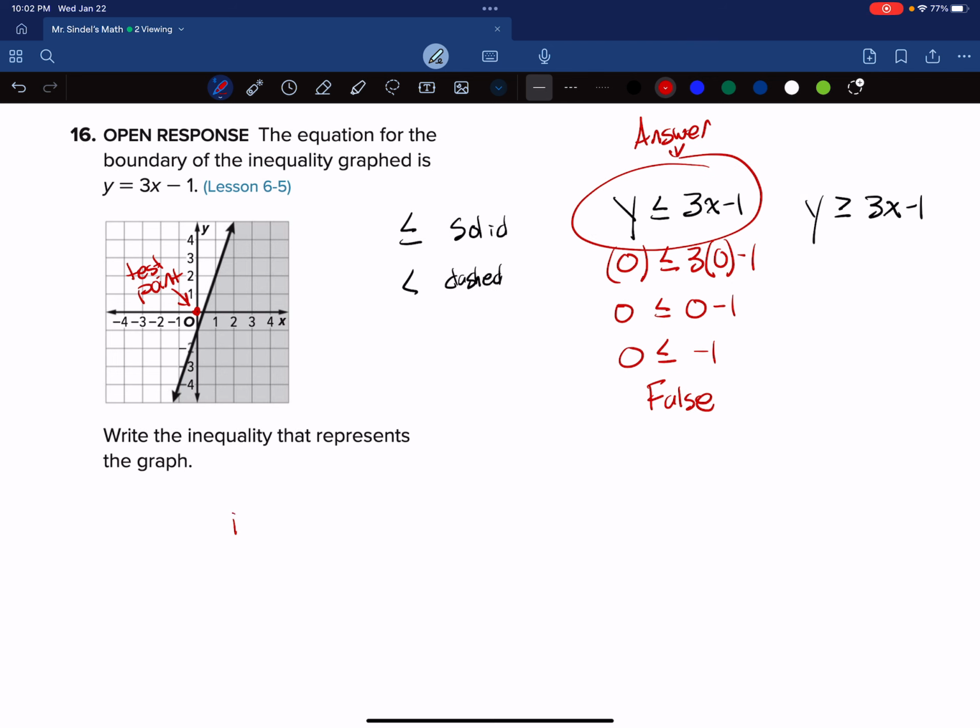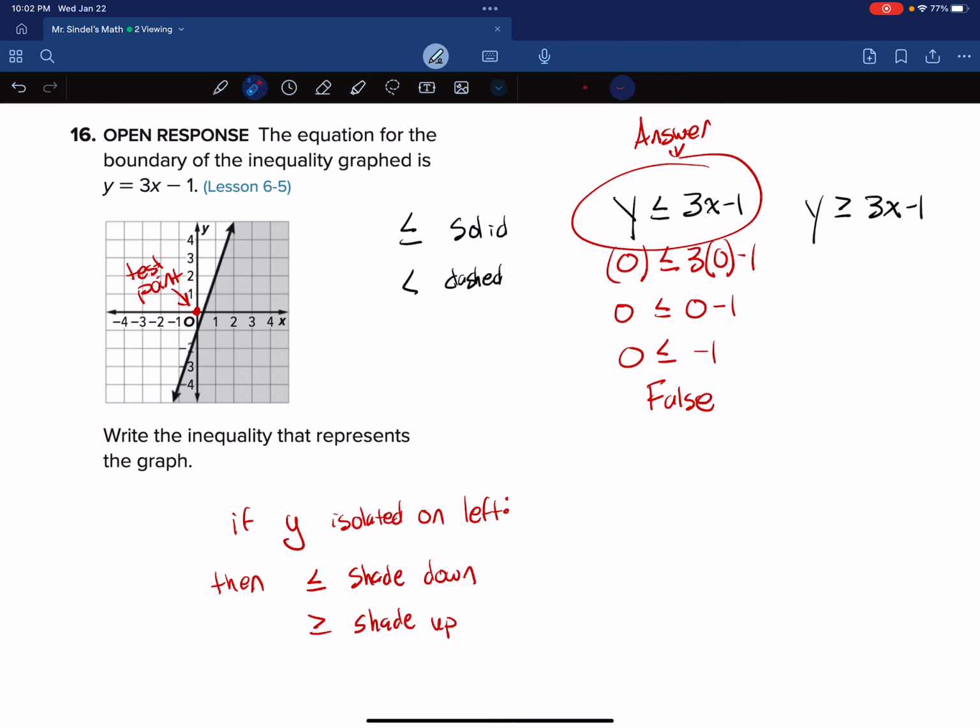So I'll say if y is isolated on the left, then this symbol means shade down, and this symbol, you don't have to have the equal to, it can be just the greater than, means shade up. That's your cool little shortcut.